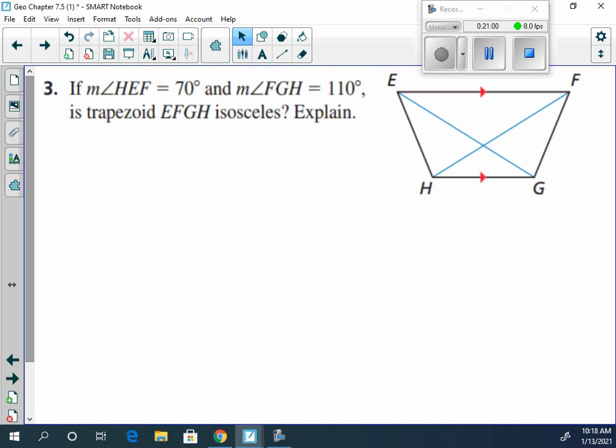If the measure of HEF, so this whole angle, is 70 degrees, and FGH, this whole angle, is 110 degrees, is this trapezoid FGH an isosceles trapezoid?